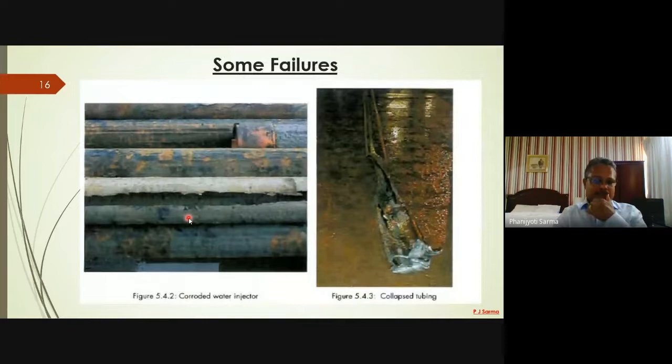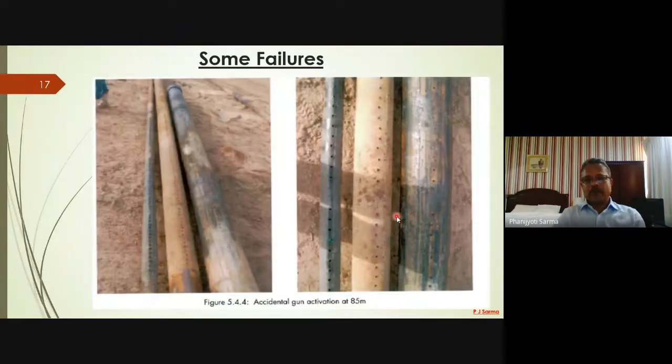And you can see some of the pictures. The left-hand side picture is showing tubing getting corroded, and this is from an injection well basically. In another picture, the tubing is getting collapsed because of induced pressures, induced load.